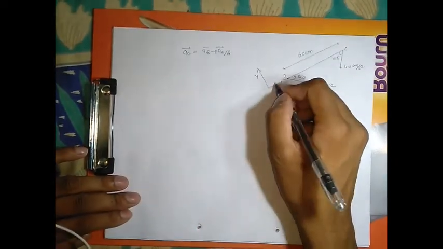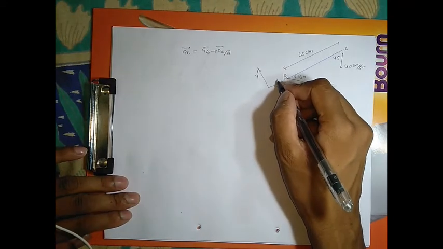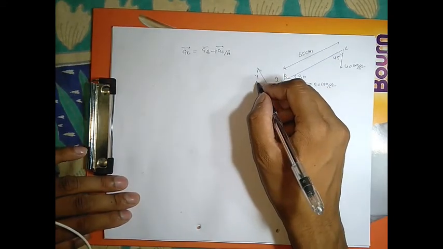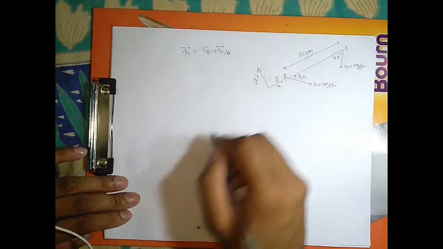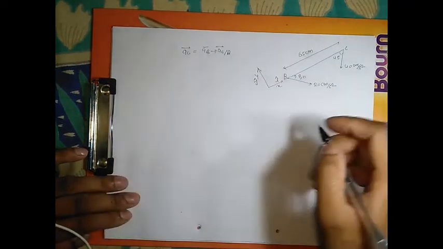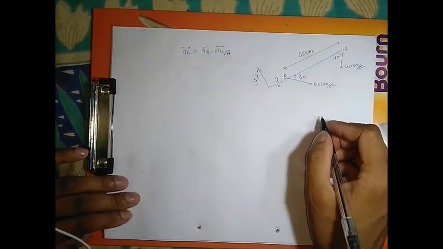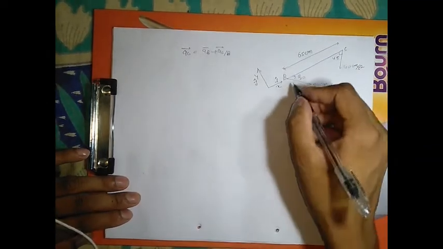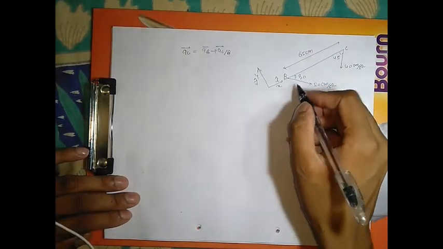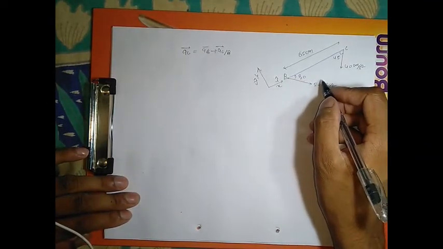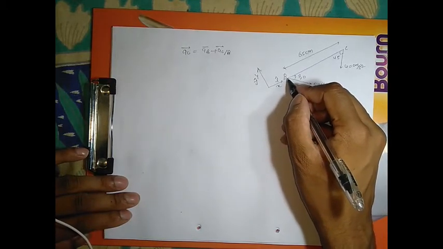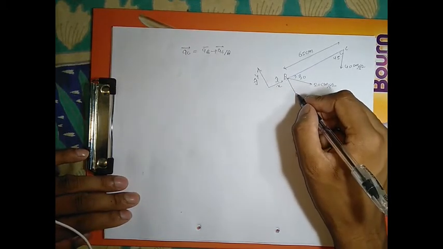Along the x axis the unit vector is i cap, and along the y axis the unit vector is j cap. So I am resolving the acceleration of B in i cap and j cap.